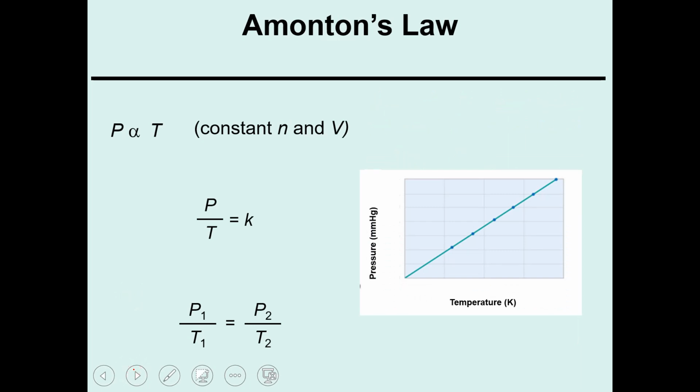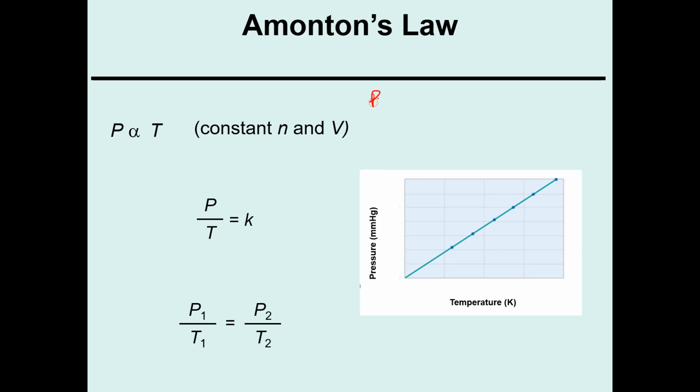So Amontons's law looks at pressure and temperature. We've already done pressure and volume, volume and temperature, and volume and number of moles. So now we're going to get to pressure and temperature. Of course, we're keeping the number of moles and volume constant since we're varying pressure and temperature.